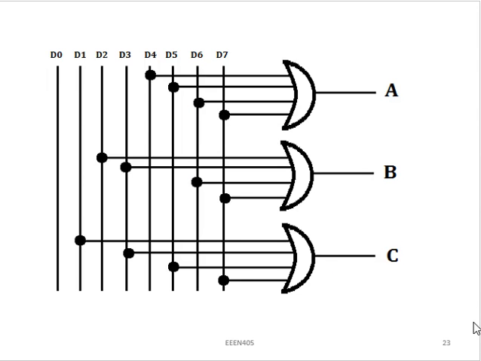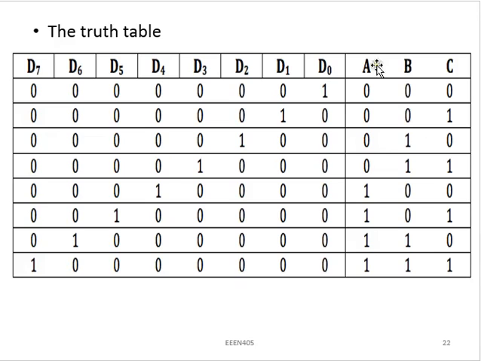We look at our table and say, okay, for A, what are the places where I have 1? I have 1 here, here, here, and here, 4 of them. The first one corresponds to D4, the second D5, the next D6, and the last D7.